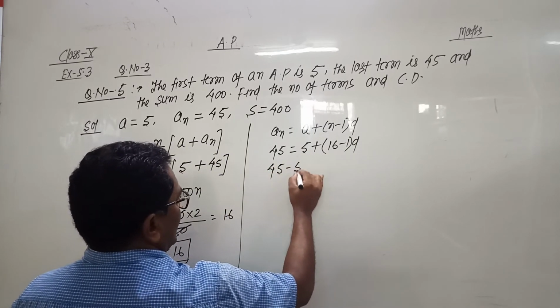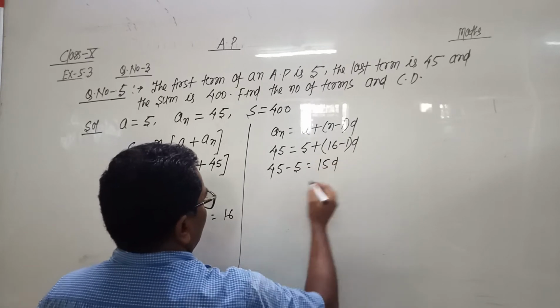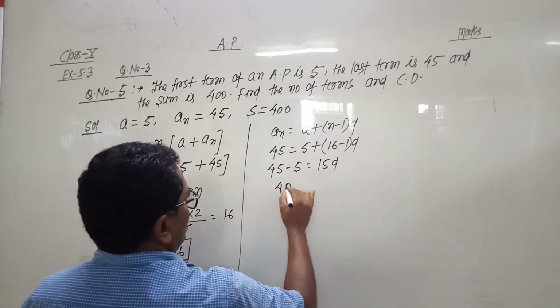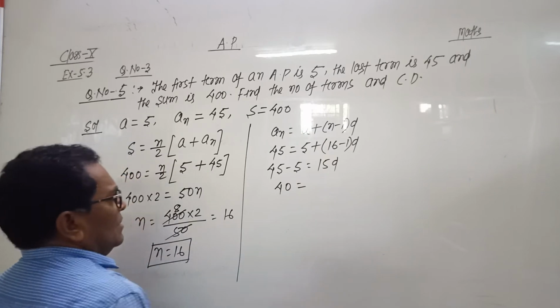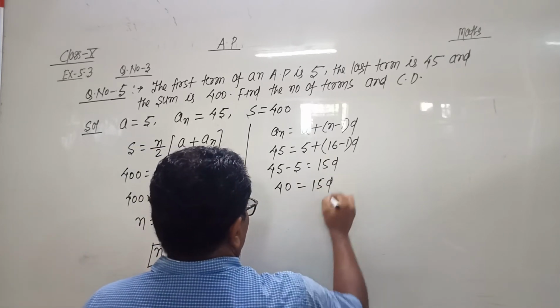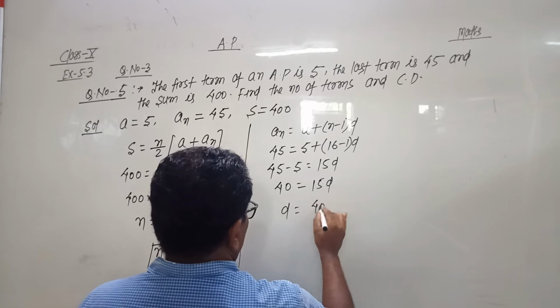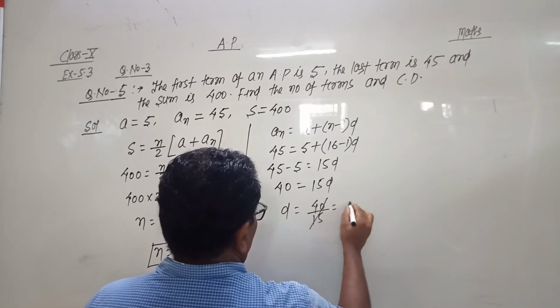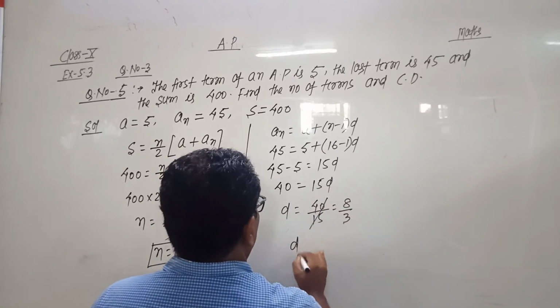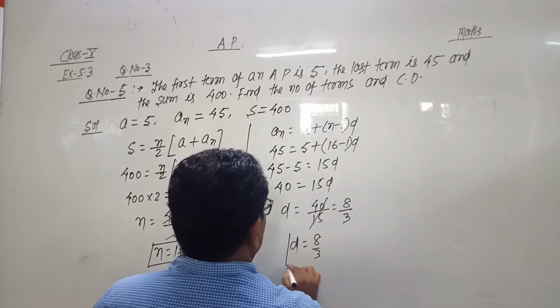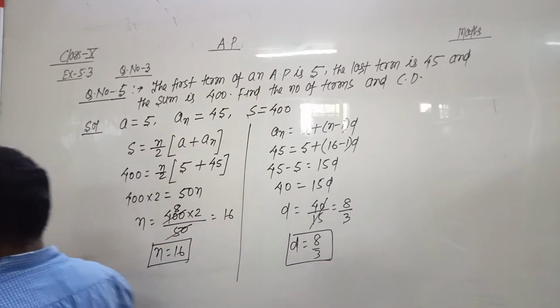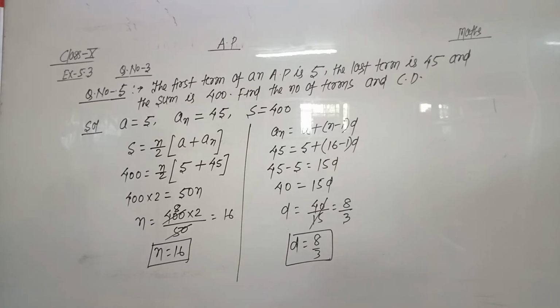So 45 minus 5 equals 15d, and 40 equals 15d, and the value of d comes to be 40 by 15. This is 8 by 3. The value of d is 8 by 3 and the number of terms is 16.